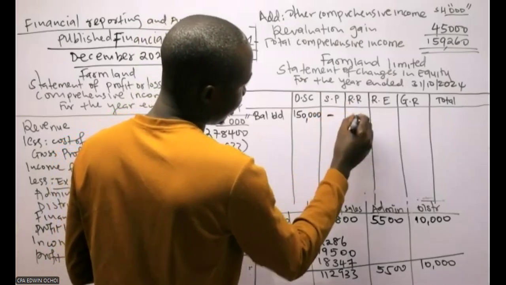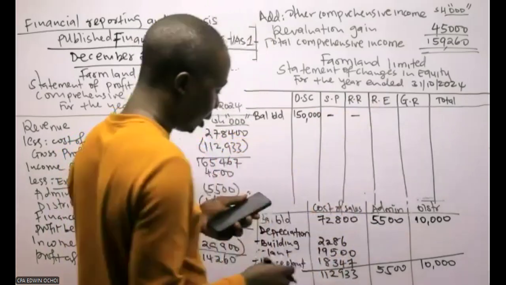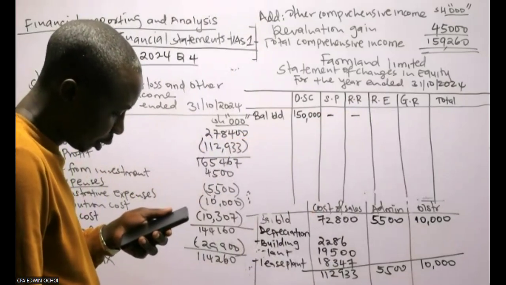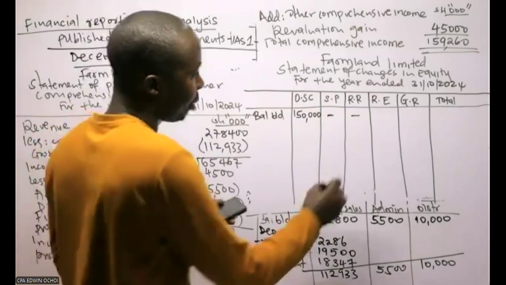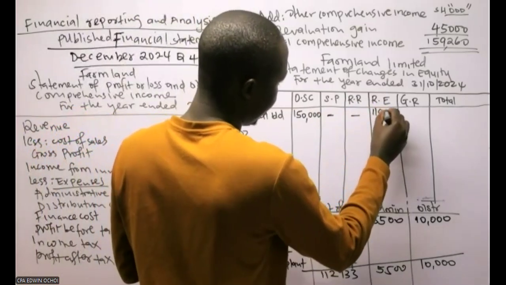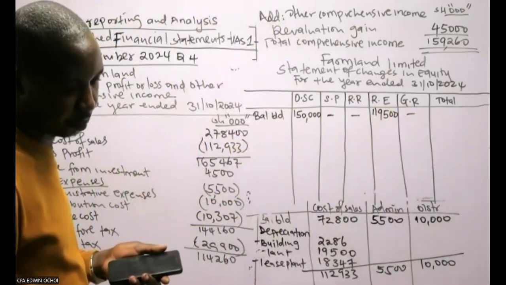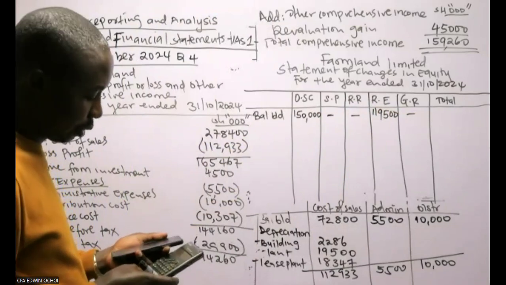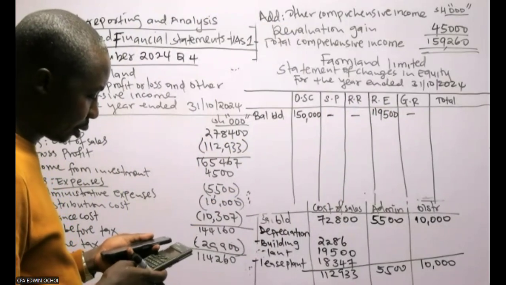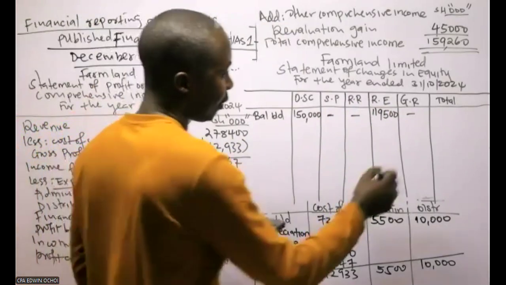Revaluation reserve, we don't have balance brought down. Retained profit was the one given, 119,500, from the trial balance. We don't have general reserve. So 150,000 plus 119,500 is 269,500.